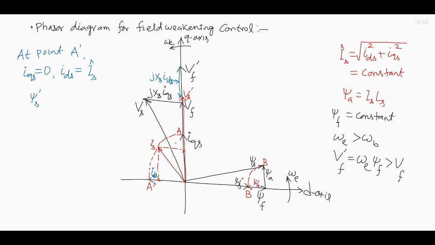So, psi s dash is the minimum, because maximum demagnetization is obtained at point B. Stator flux is the minimum and torque is 0, that is important. Torque is 0 as I q s is 0. Psi s dash is minimum at point B. So, this is the phasor diagram.